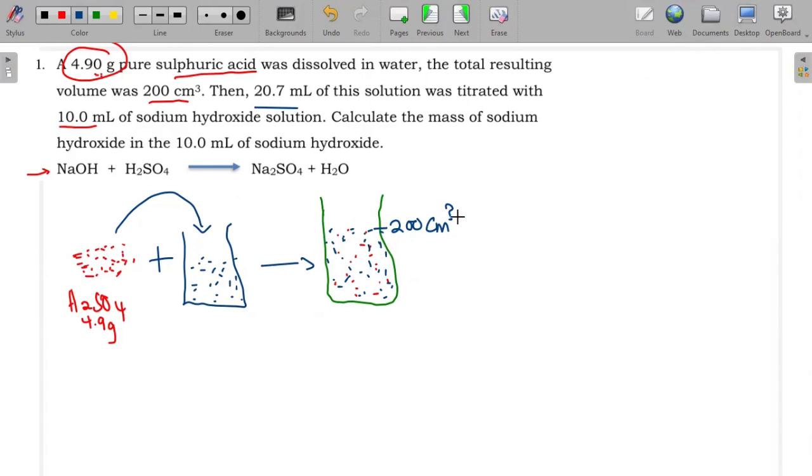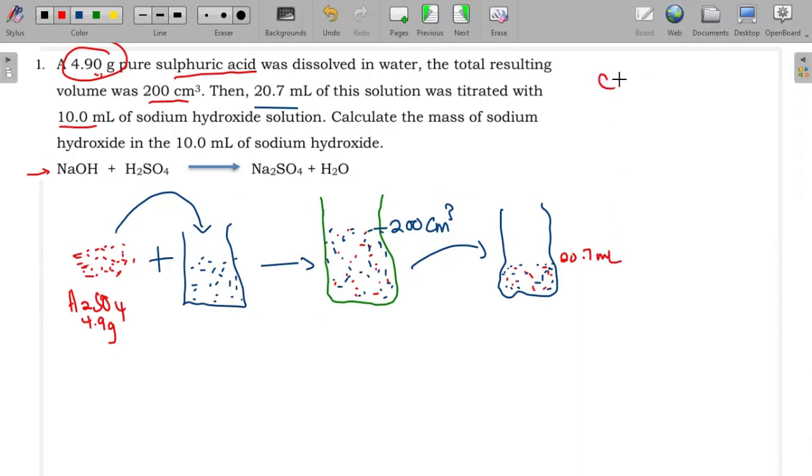Thereafter, 20.7 mLs of this solution was titrated with 10 mLs of sodium hydroxide. So from this 200, they get just 20.7 mLs of it. From this 200 that we have, they just get 20.7 milliliters.